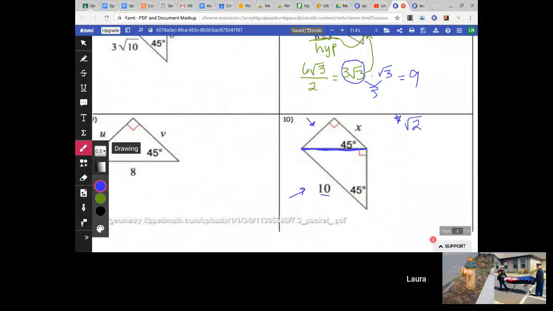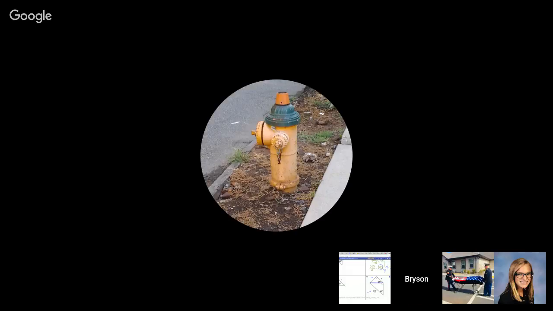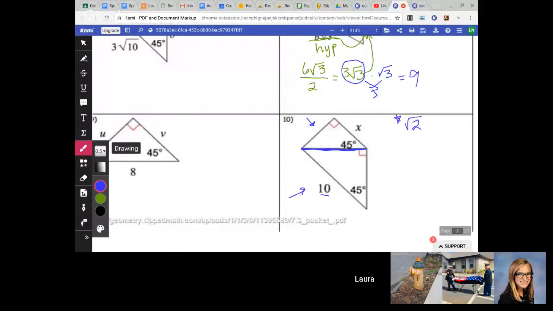So the 10 in the bottom, is that a hypotenuse or a leg? Hypotenuse. How do you get from a hypotenuse to a leg? You divide. So 10 divided by your magic number, root 2.